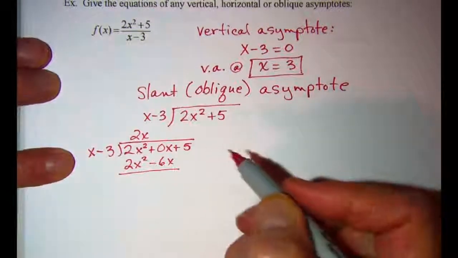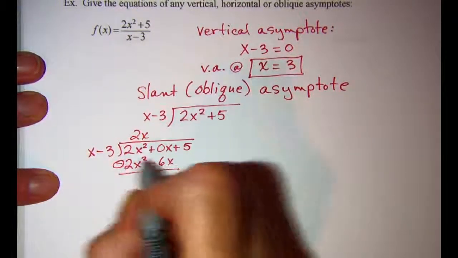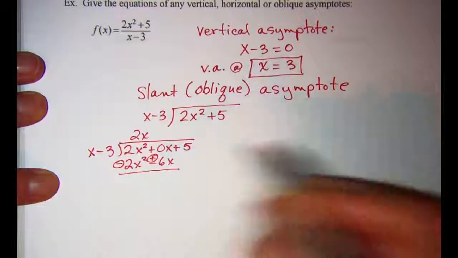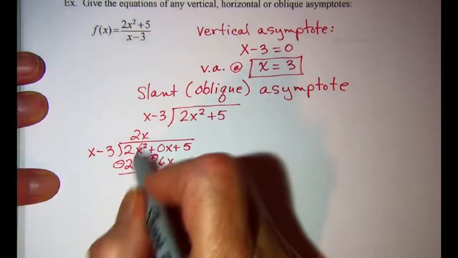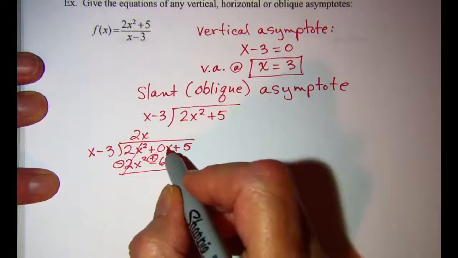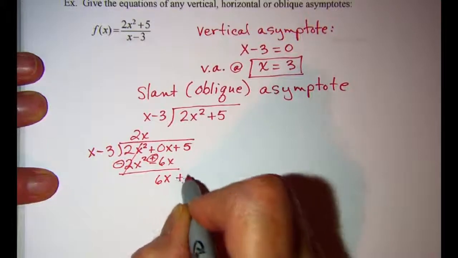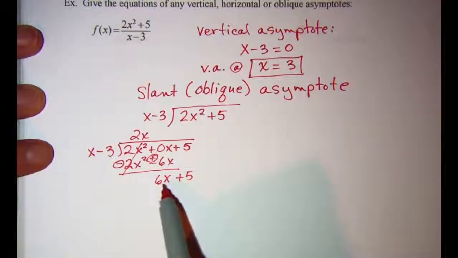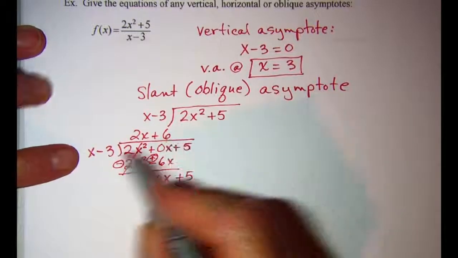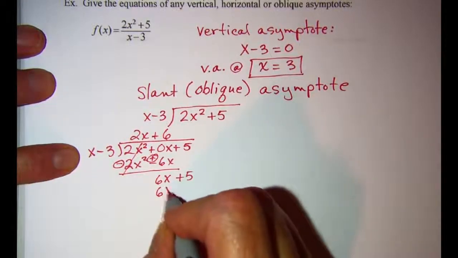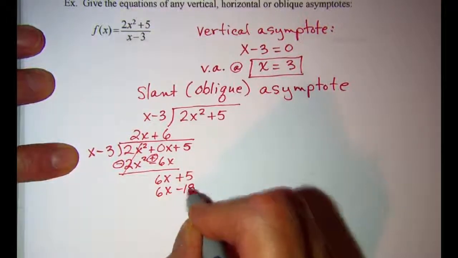Now we need to subtract. So algebraic subtraction, we change the sign and add. So positive 2x squared and a negative 2x squared cancels off. 0x and positive 6x is 6x. Bring down my next term. And 6x divided by x gives me 6. Multiplying 6 times x is 6x. 6 times negative 3 is negative 18.